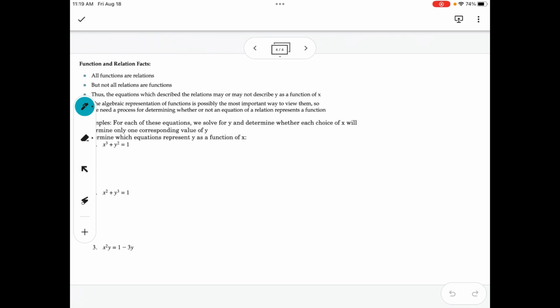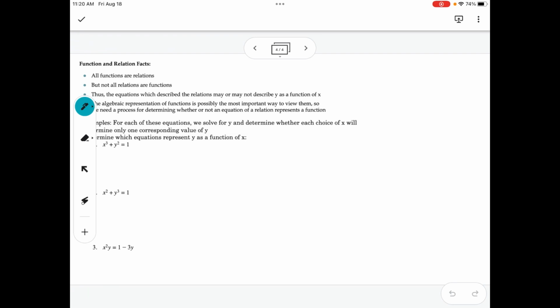Thus, equations which describe relations may or may not describe y as a function of x. The algebraic representation of functions is possibly the most important way to view them. So we need a process for determining algebraically whether or not an equation of a relation actually represents a function.